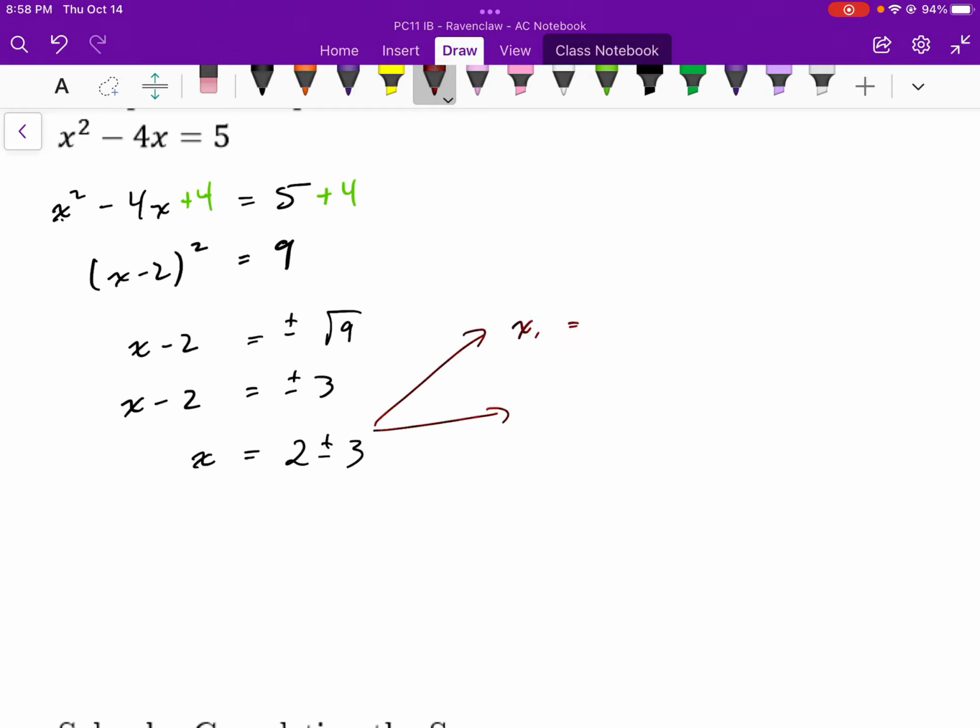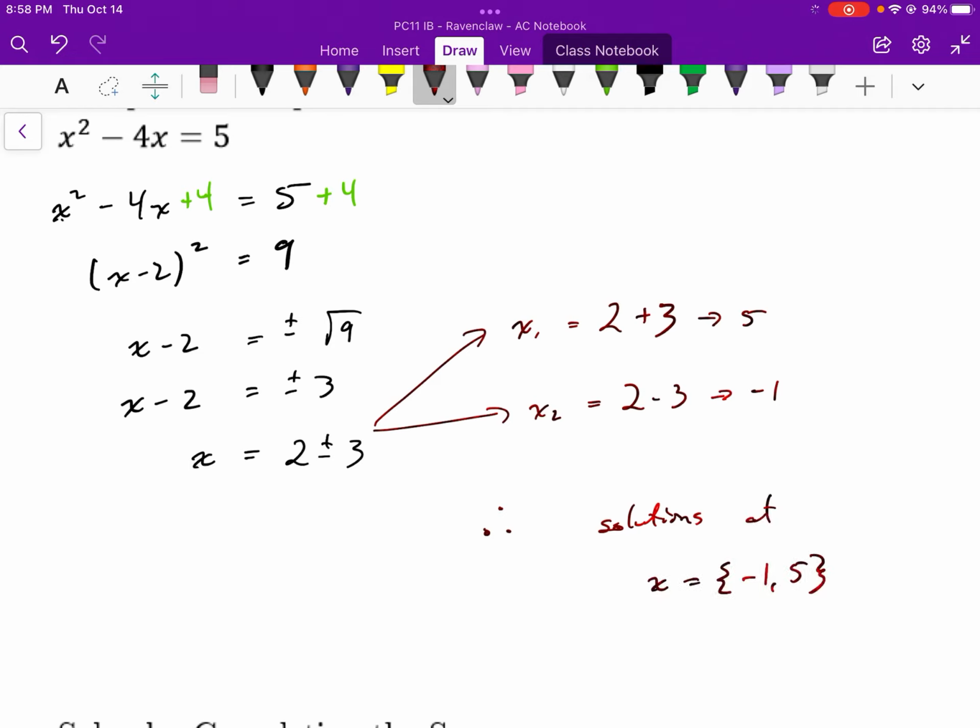My first solution, x1, would be 2 plus 3. My second solution would be 2 minus 3. So the first solution is 5, the second solution is negative 1. So therefore, we have solutions at x is equal to negative 1 and 5.